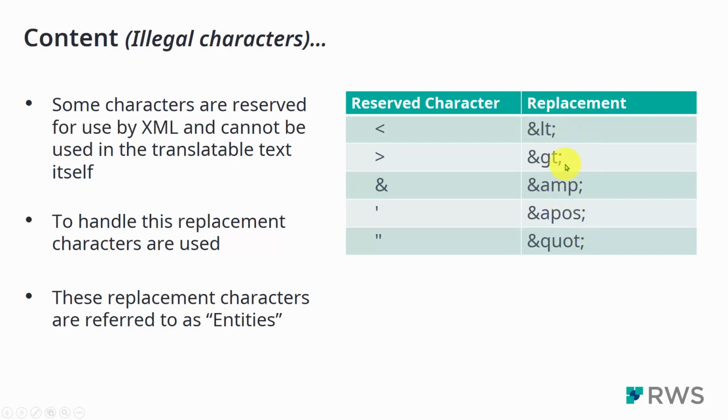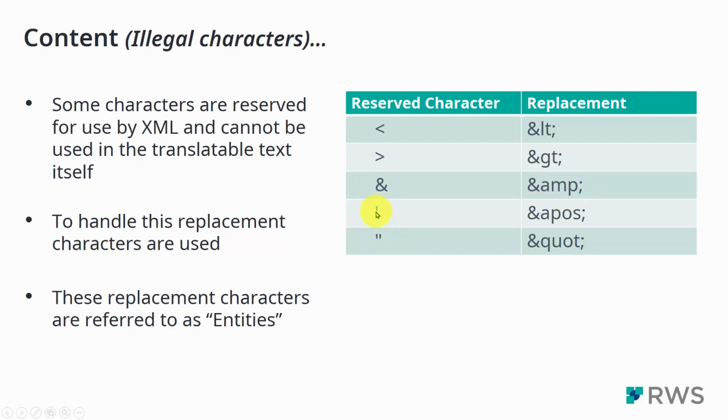The syntax in the middle is normally something you can understand. So in this case, for example, we have the left angle square bracket, which is actually a less than symbol, so less than, LT. This one would be a greater than symbol, GT. This would be an ampersand, so AMP, abbreviation for ampersand.